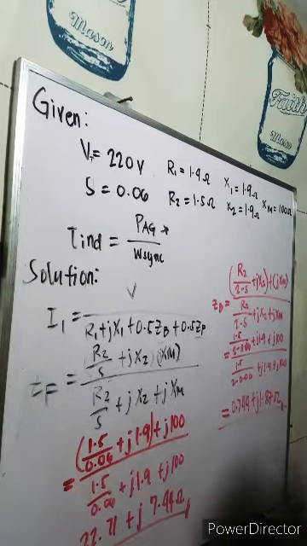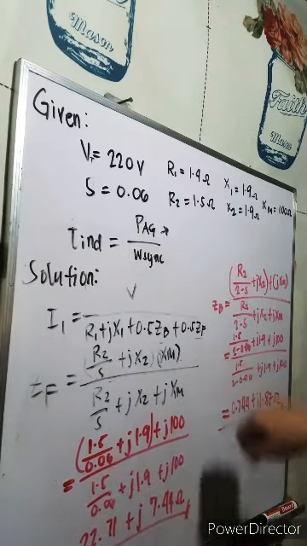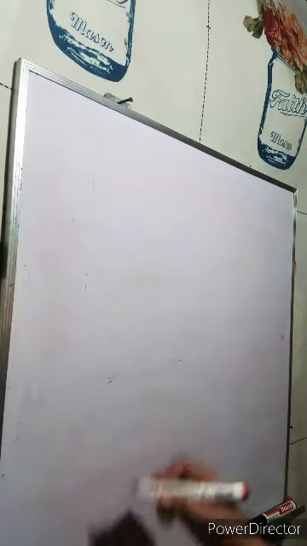So therefore, we can solve for our I1 because we already have ZF and ZB. Let's substitute ZB and ZF in our equation.